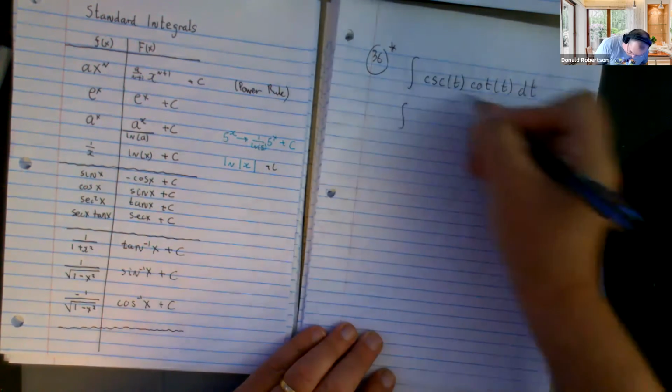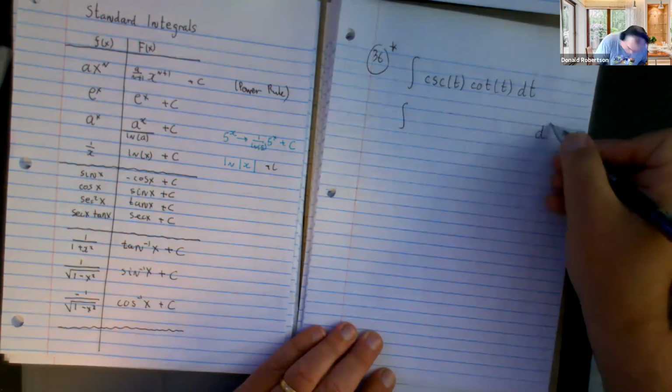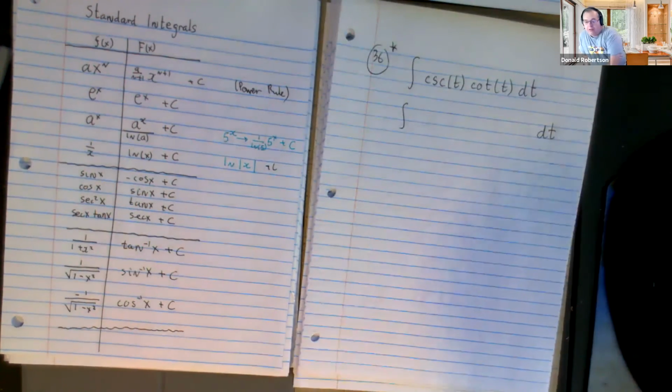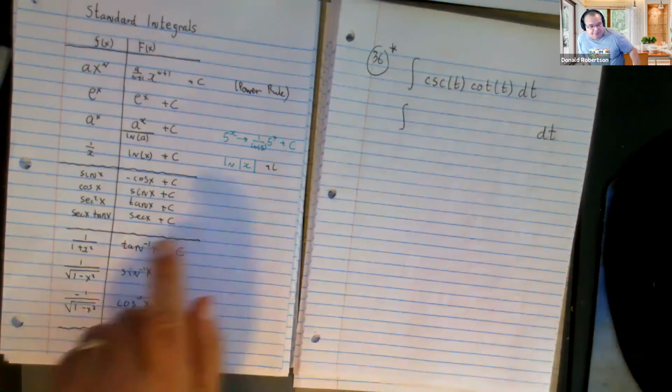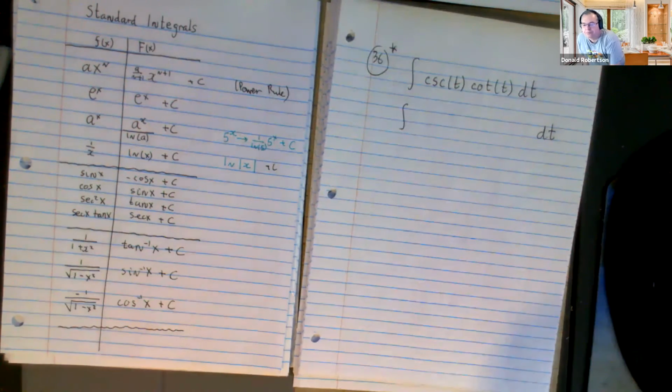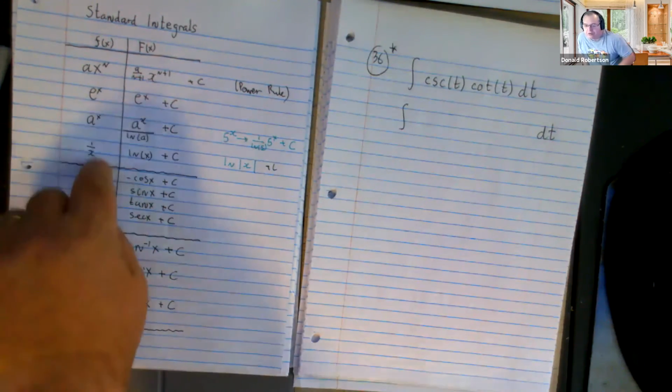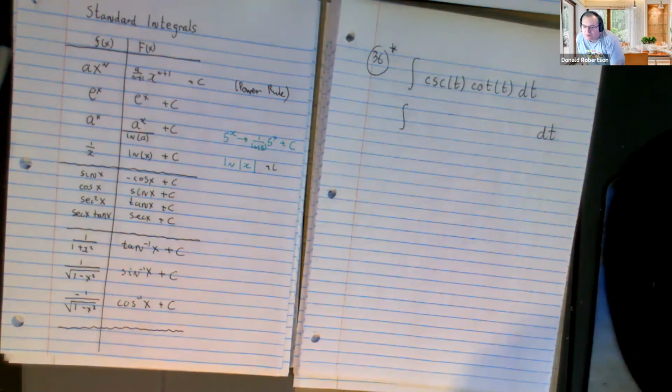Since this one is pretty small, I'm just going to keep it inside the integral. Okay, that fella is not in my list. But we need to see if we can change it into something that is in my list. Where are we going this time?